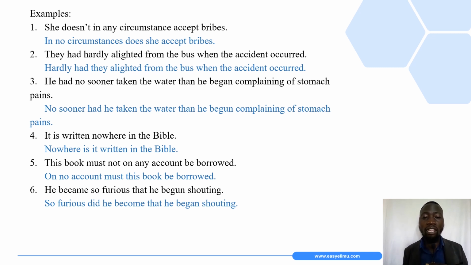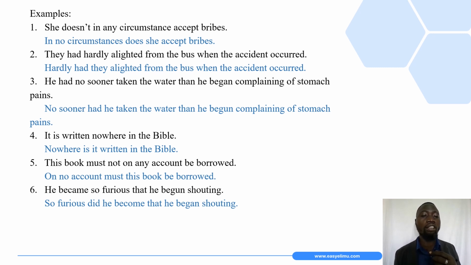Let us try and use some of these words in sentences to understand them better. She doesn't in any circumstance accept bribes. The inversion is, in no circumstances does she accept bribes. The second example, they had hardly alighted from the bus when the accident occurred.